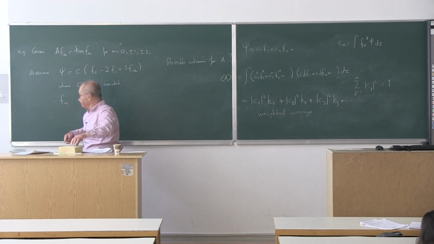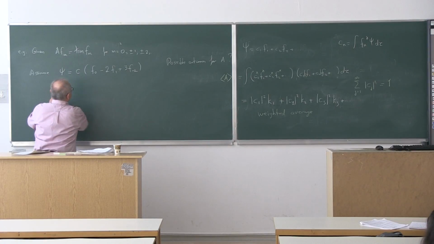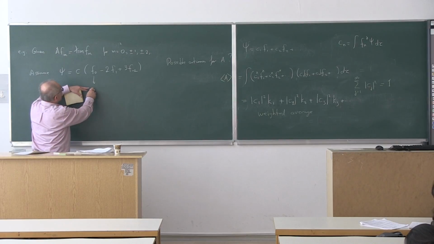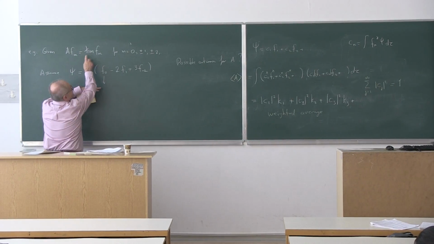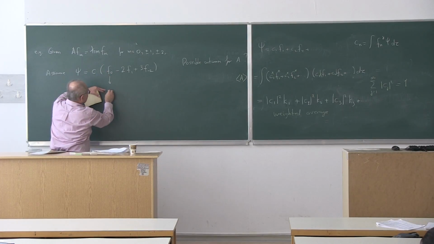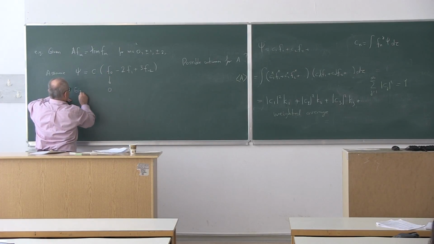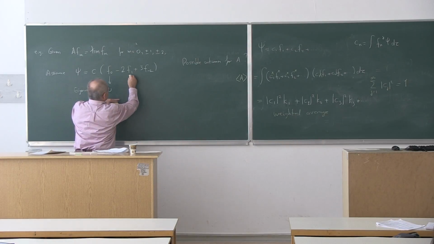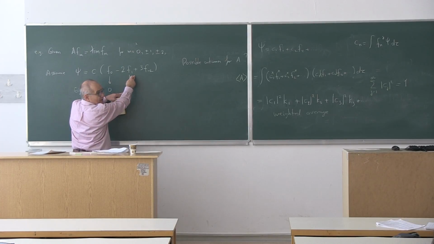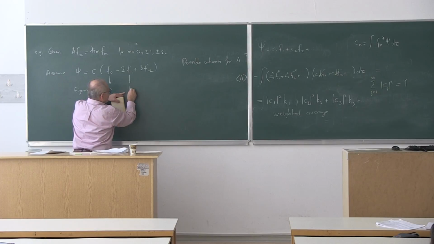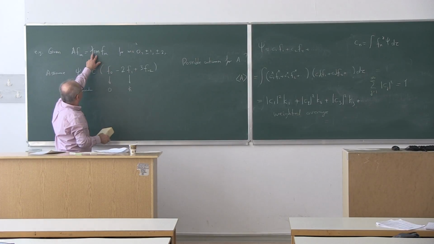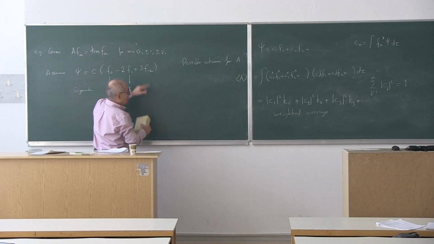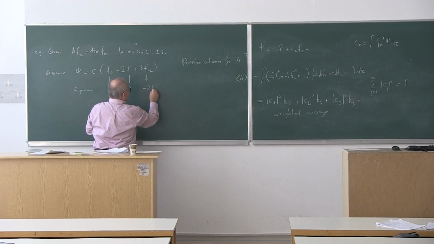So, what is the eigenvalue of this function? 0 times h bar, 0. The eigenvalue of this function, f1, 1 times h bar, isn't it? Eigenvalue is here, 1 times h bar. What is the eigenvalue of this function? Minus 2 times h bar.